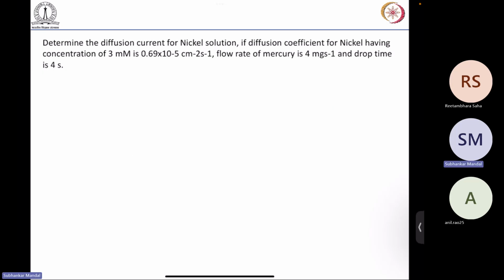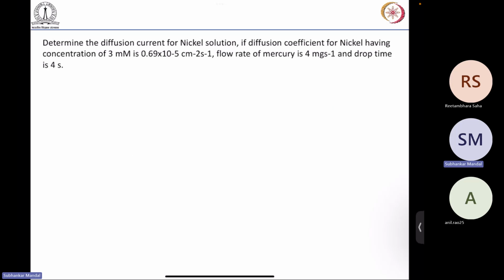Now we can discuss some numerical problems. Determine the diffusion current of a nickel solution, if the diffusion coefficient for nickel, having a concentration of 3 millimolar, is 0.69 into 10 to the power minus 5 centimeter square per second. This is the diffusion coefficient.